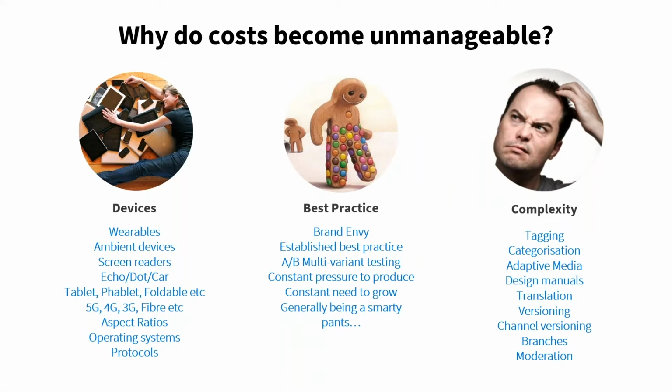So talking about those costs, why do they become unmanageable? Well, the march of the electronic device just won't stop. So you've now got wearables. Okay, so I've got my Fitbit watch on at the moment, right? And that has the potential to deliver assets. You've got ambient devices. These are crazy things.